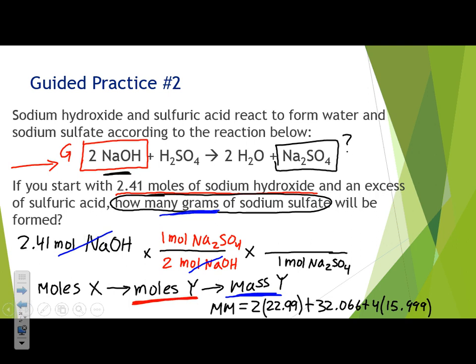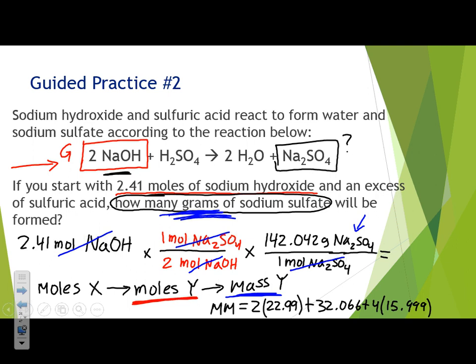This would then give us a total molar mass of 142.042 grams Na2SO4. So again, after canceling, moles of Na2SO4 on the top, moles of Na2SO4 on the bottom, we're left with grams of Na2SO4. Exactly what we were looking for.